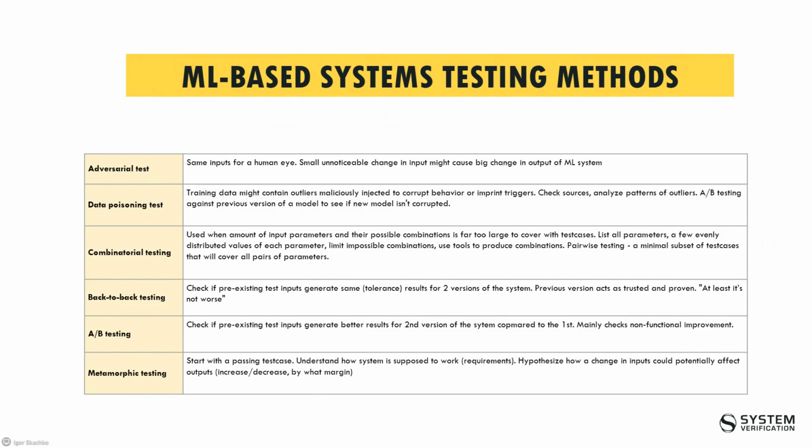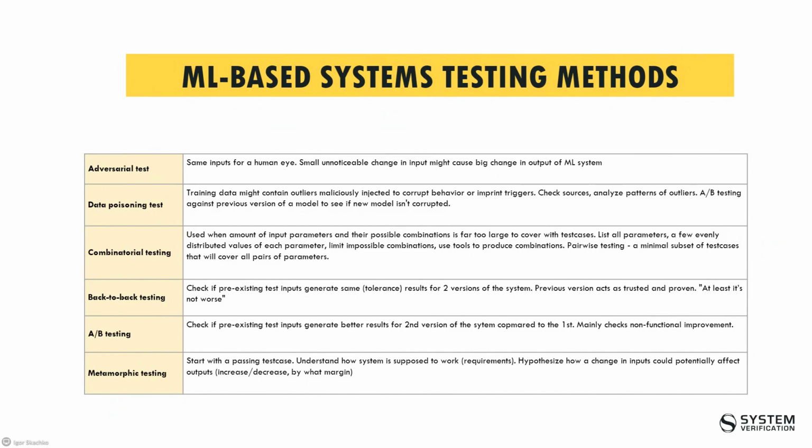And metamorphic testing, sorry, is the form of testing where we start with some known test case. We already know what the answer for the test case would be, and we assume that if we, let's say, multiply the input values by 2, then the output values should decrease. And we basically test against that knowledge.